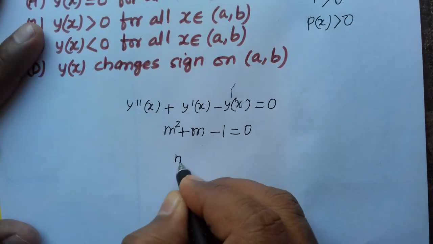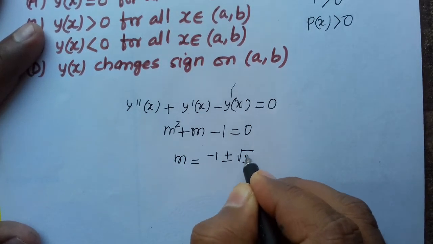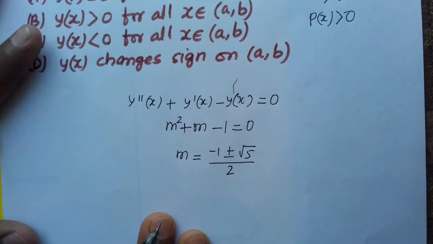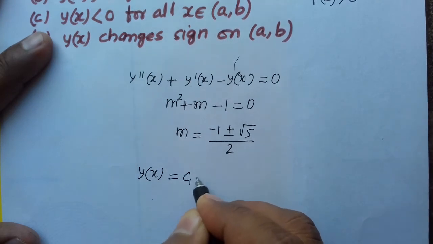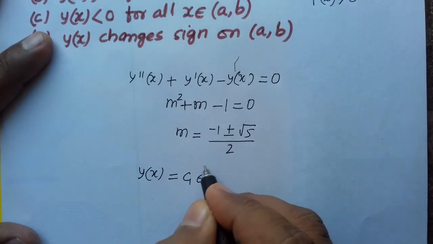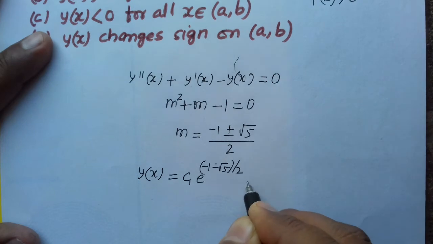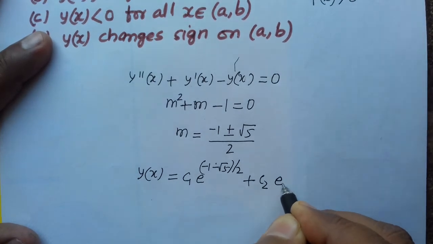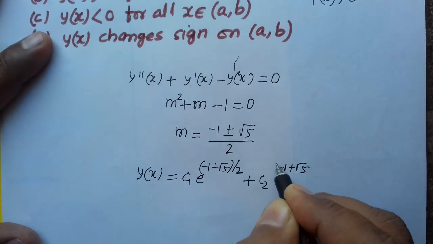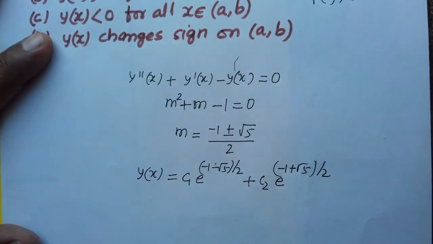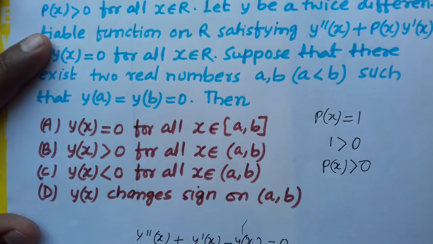Let us write the roots of this equation, and this will be (-1 ± root 5)/2, and the solution of this equation will be a constant c1 e to the power of the first root x, and thereafter we write a second constant c2 and we write the second root here, by 2.